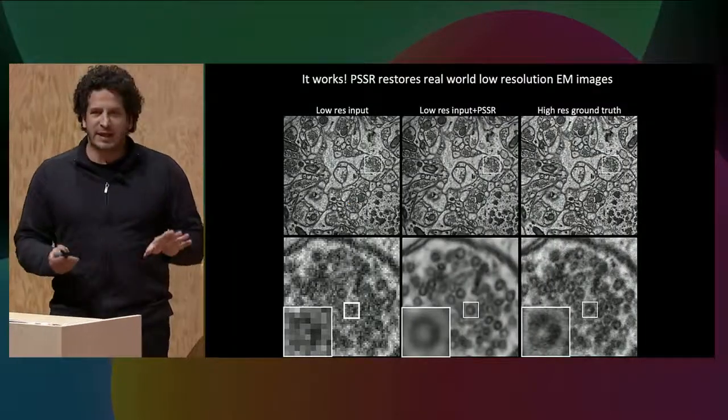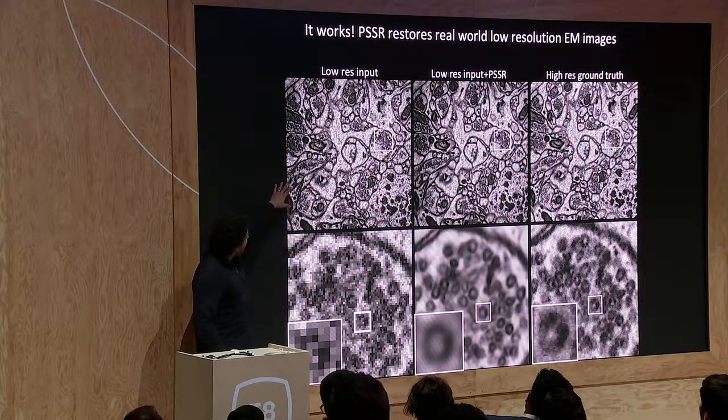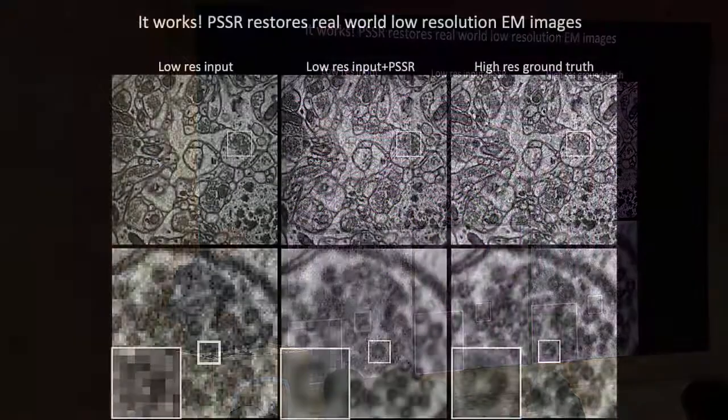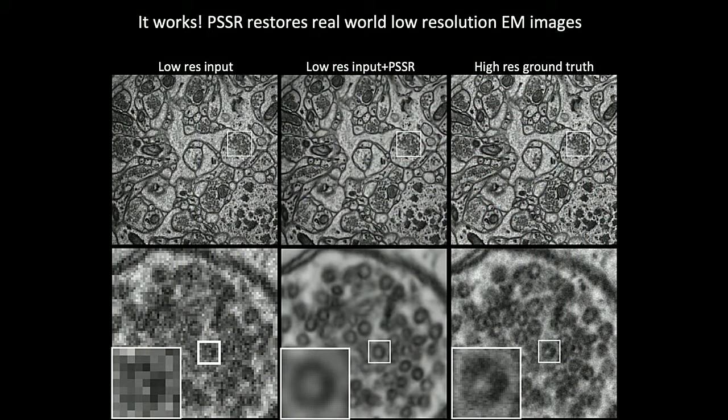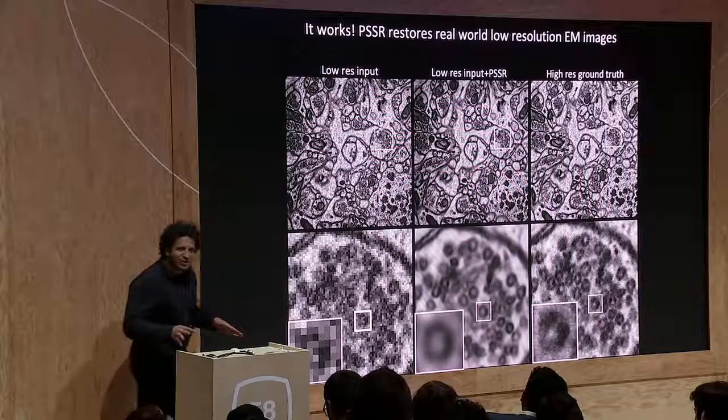And the results are spectacular. On the left, you can see a low resolution image. This is analogous to what we would be imaging when we're doing our 3D imaging. As you can see, the vesicles, which are about 35 nanometers across, are barely detectable here. You can kind of tell where one might be here, but it's hard to say.